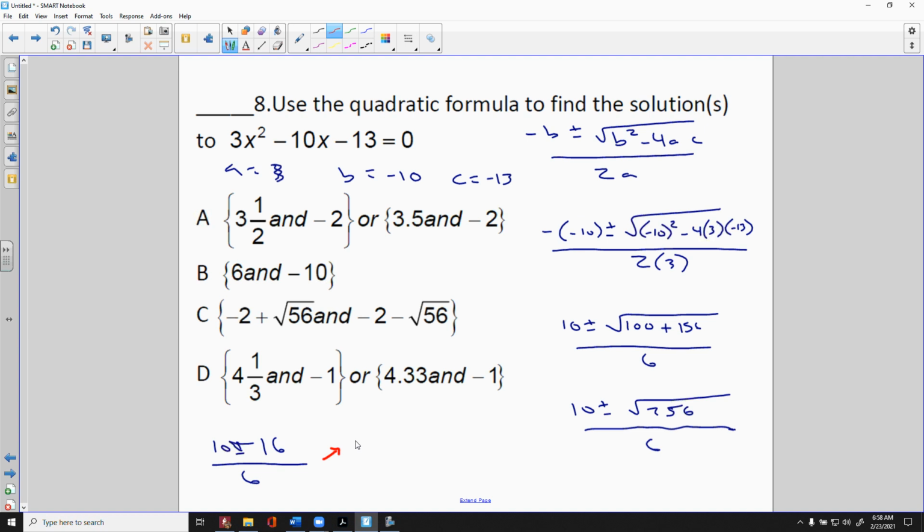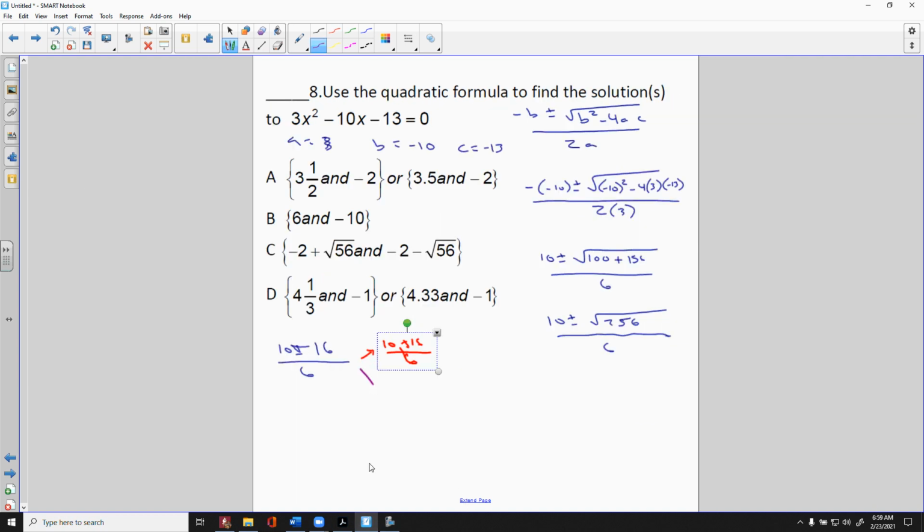It should be 10 plus 16 over 6. Second math problem, let me extend this down: 10 minus 16 over 6. And let's go and solve both.